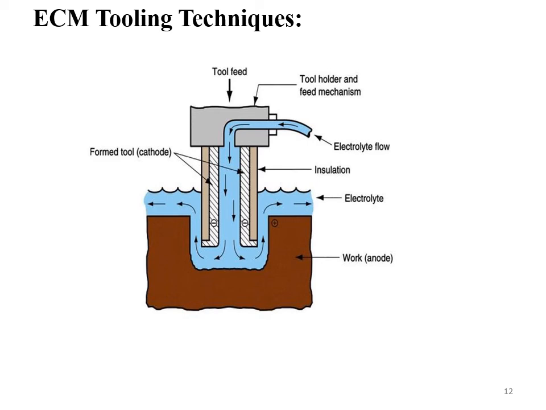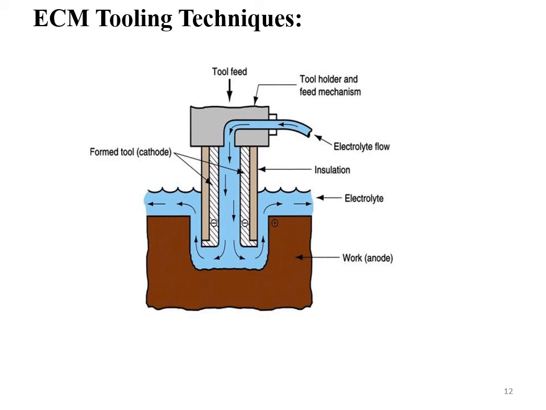These are all the basic elements of electrochemical machining. Now about the tooling system, ECM tooling. The tool used in the ECM process is approximately the mirror image of the shape to be machined on the workpiece.